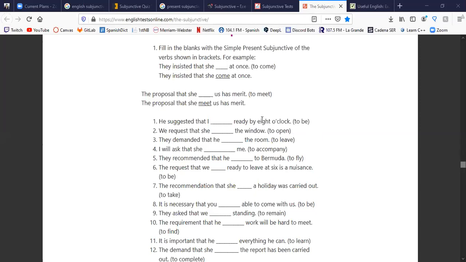If not, you don't have to answer, but anyone can answer really. What were we on? Oh yeah, number 4. I will ask that she accompany me. Yes, that's correct. So it's really simple. It's really just a form without to. That's it.